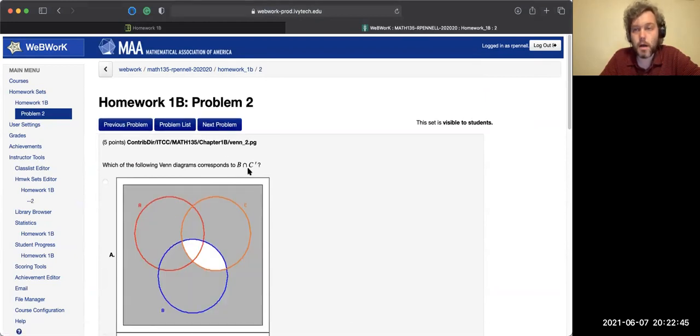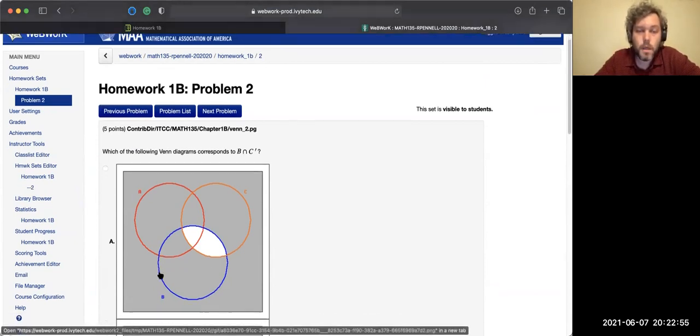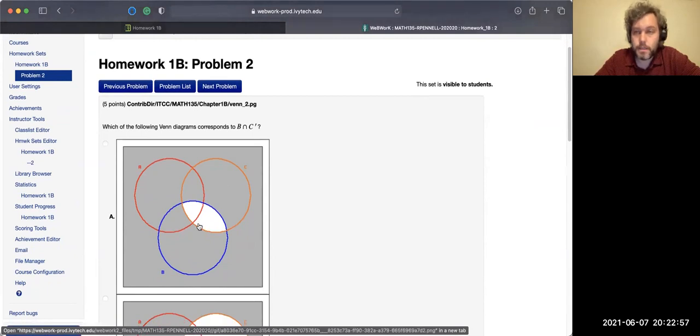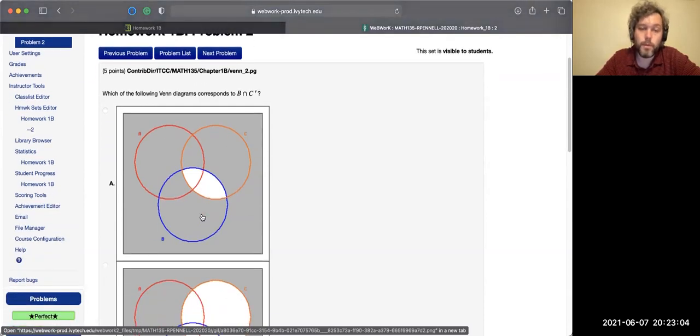Okay, B intersects C complement is kind of like asking what is B minus C. So we want the part of B that has nothing to do with C. That's what we're going to look for in this problem. That would not be this. That's everything but B and C. B and C complement. We don't want that.